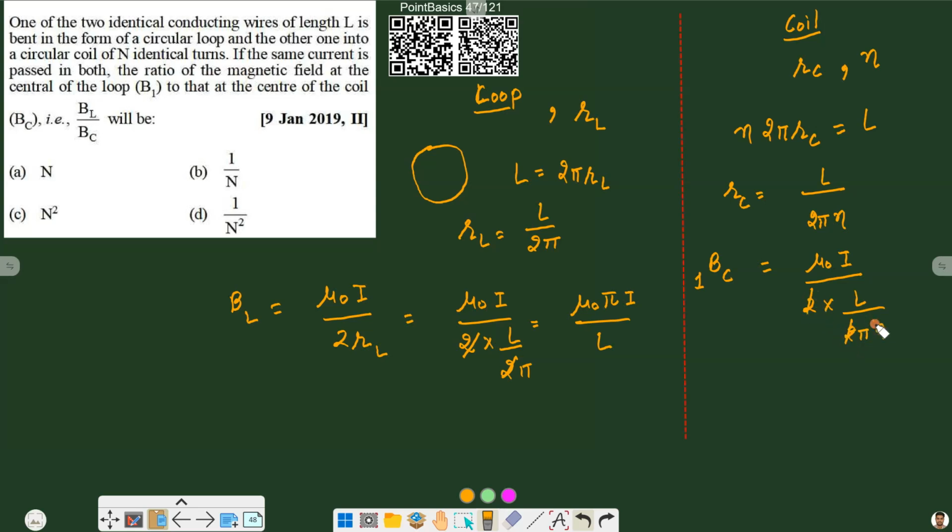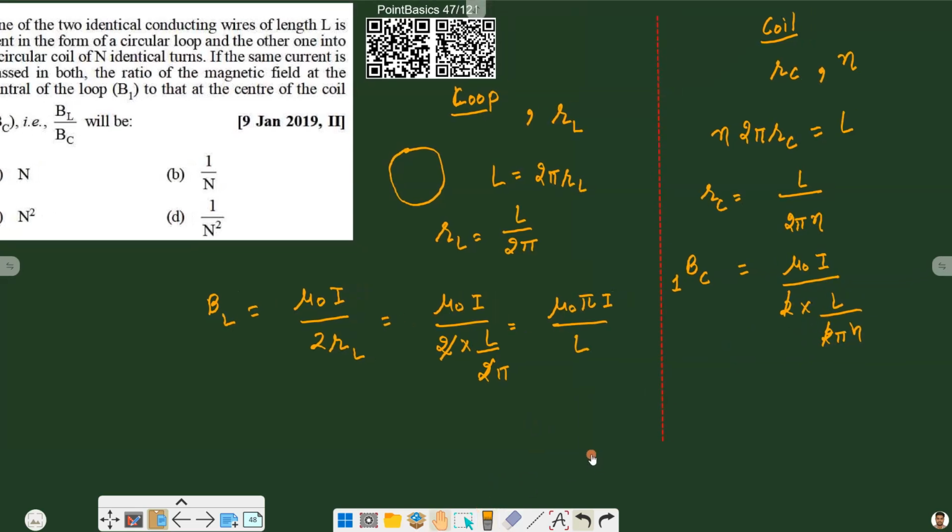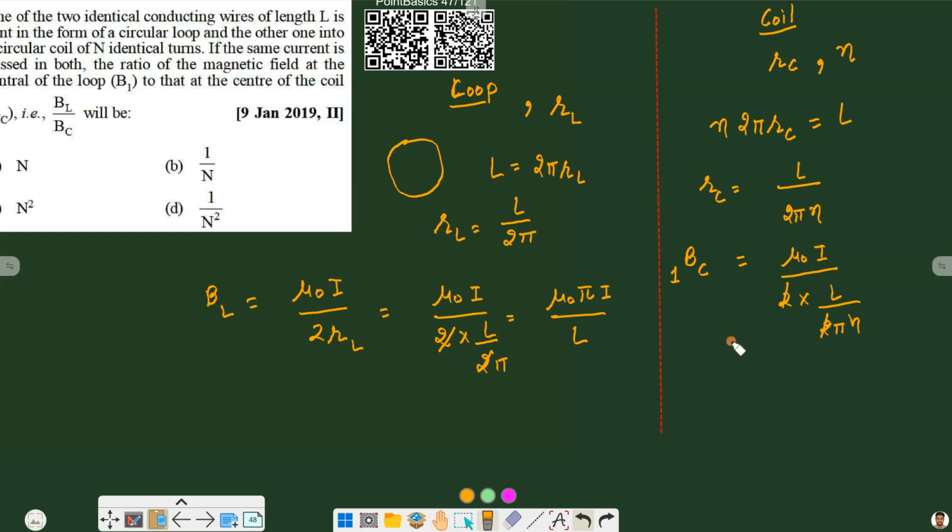The 2s get cancelled, and we will be left with mu node pi n I divided by L, and this is due to one turn. As we have n turns, the total magnetic field BC will be n times this value, so it will become n square mu node pi I by L.